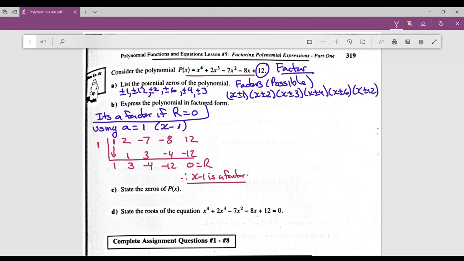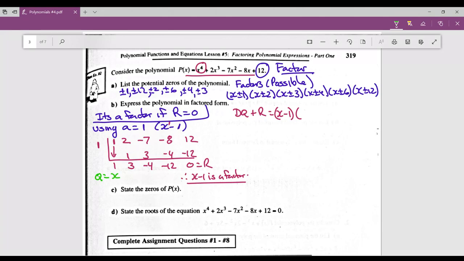Okay, so how do we write everything? We always write it as dq plus r. What's our divisor? It was x minus 1. What's our quotient? Well, we started with a 4th degree. We're always dividing in this class by a numerator, so that goes down by 1. So our quotient is this bit right here.